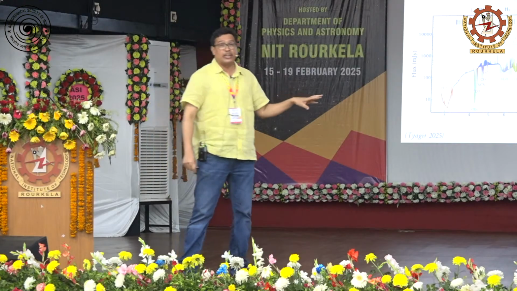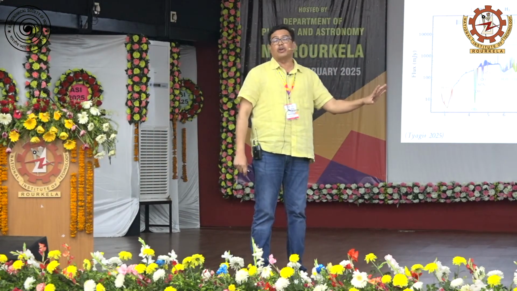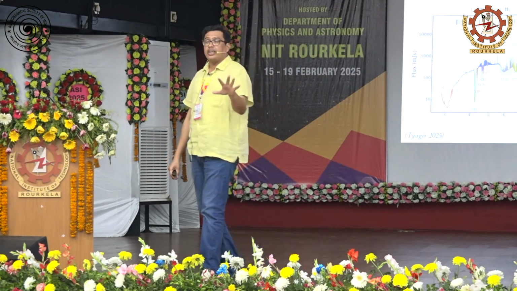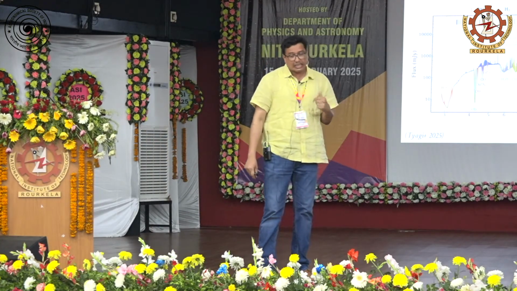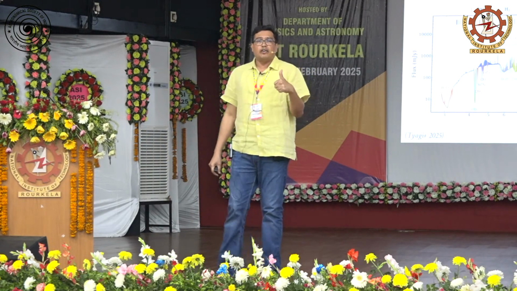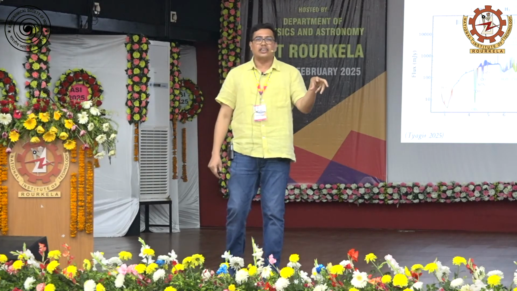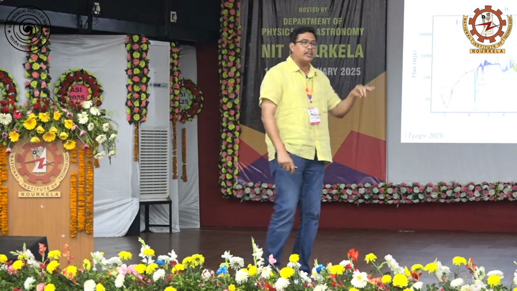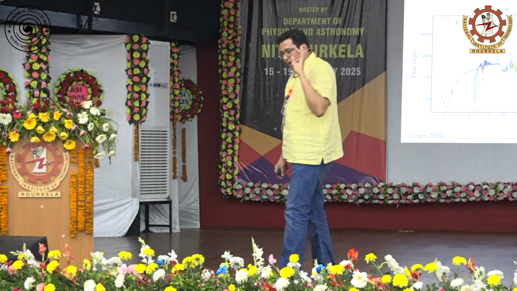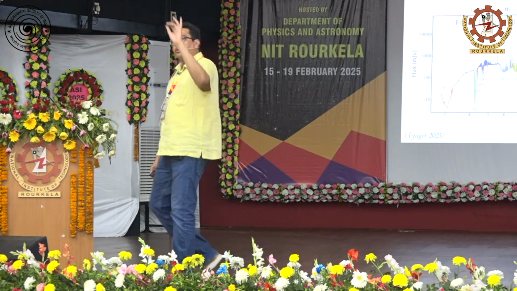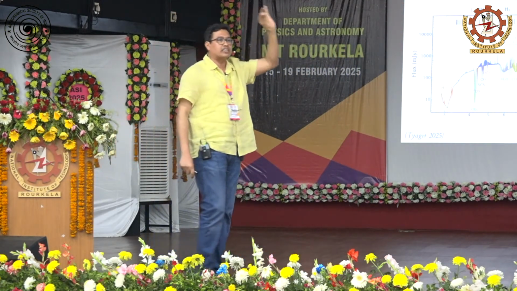So because of the heavy extinction, you need to go to longer wavelengths, mid-infrared and far-infrared. The other reason is that for the youngest protostars, the spectral energy distribution, the SED, peaks at around 100 microns.